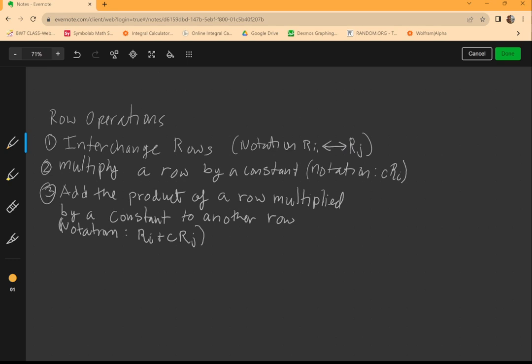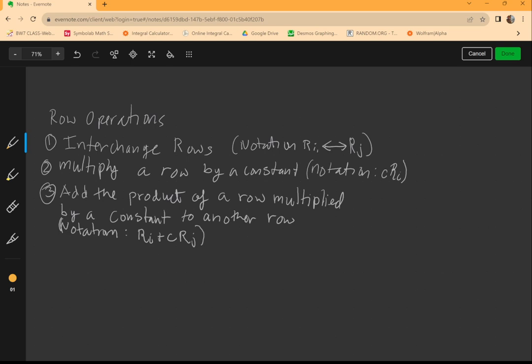To multiply a row by a constant, notation c times R sub i, so I multiply all of that row by whatever that constant c might be. And then the third row operation is that we add the product of a row multiplied by a constant to another row. So R sub i plus that constant c R sub j.